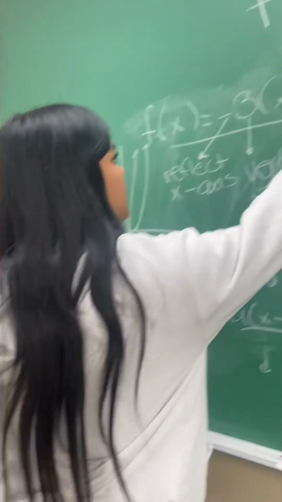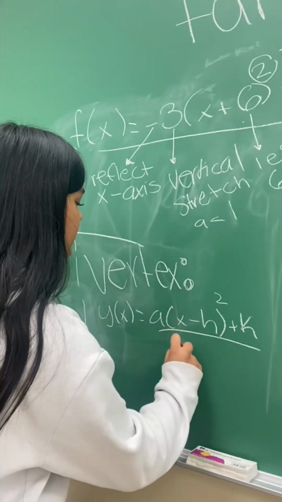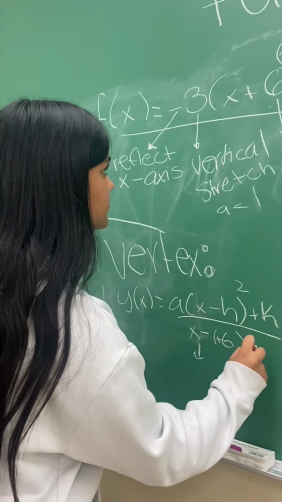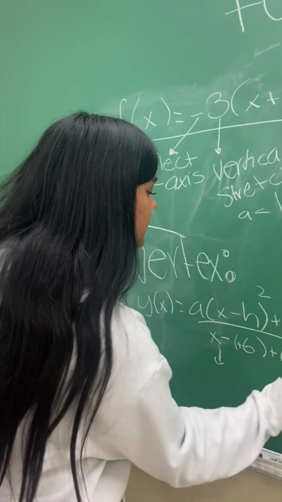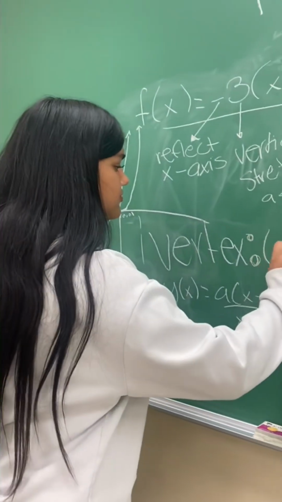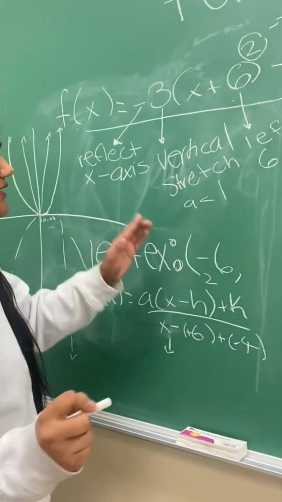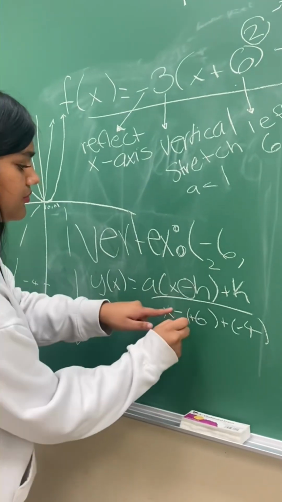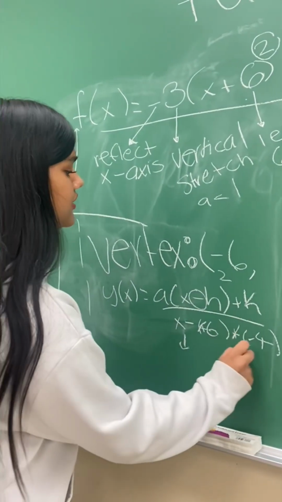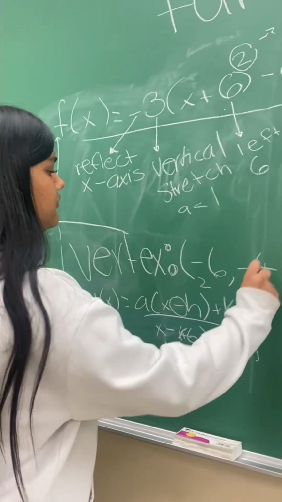So we're going to input 6 here, so it would be plus. Basically, if you add that, it would be this negative 6. Since there's a negative here, it cancels right here, and it would be negative 4.